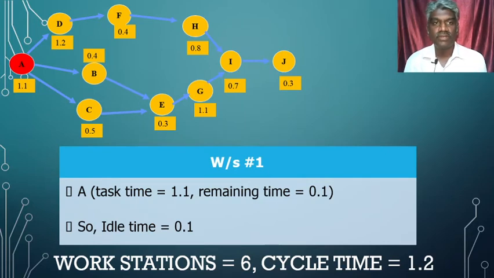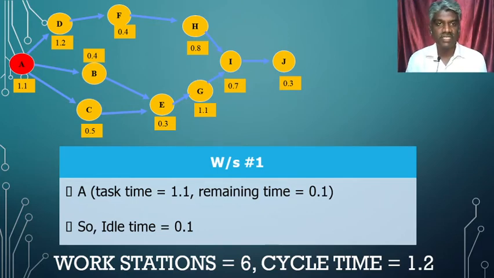Now we are going to assign the tasks to the workstations, and we have the rules. The rule is the following task rule, and anyway we are going to assign the first task, which is A. 1.1 is the task time for A. So in workstation 1, A is assigned first, and the remaining time is 0.1.